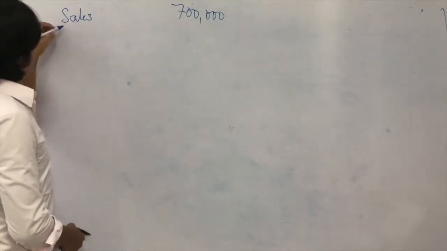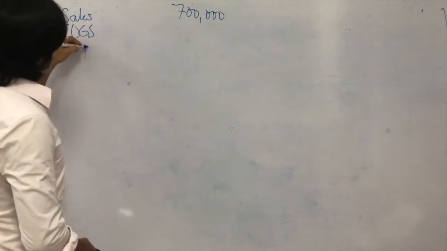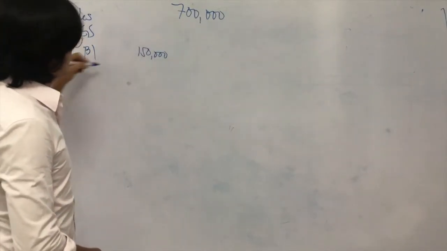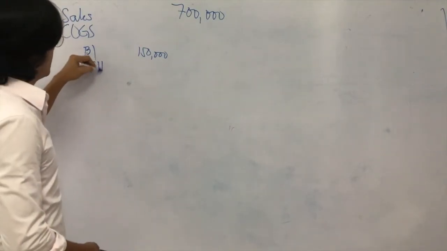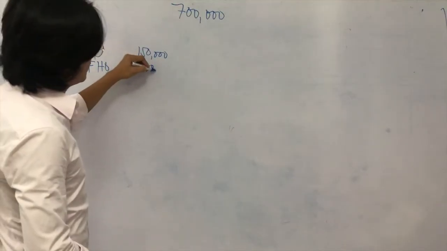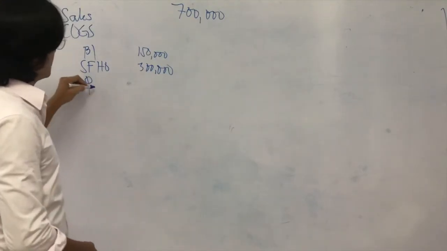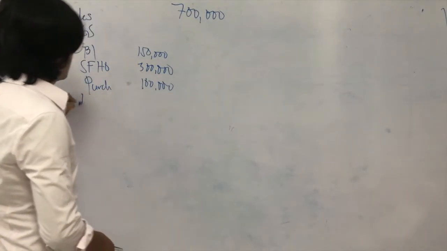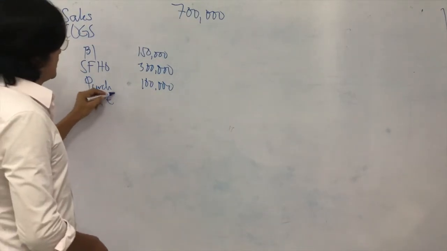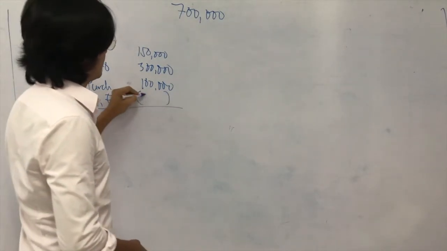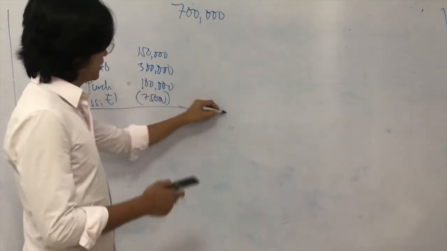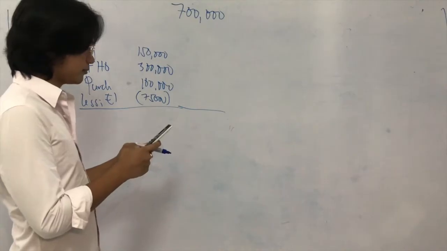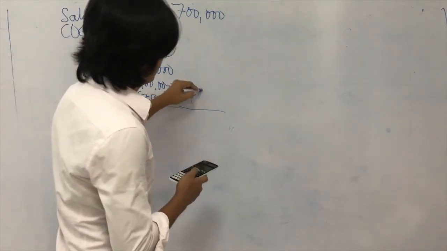And then we have cost of goods sold, starting with beginning inventory amounting to 150,000 at billed price. Shipments from home office amounting to 300,000. Purchases amounting to 100,000 less ending inventory amounting to 75,000 gives us our cost of goods sold, 475,000.